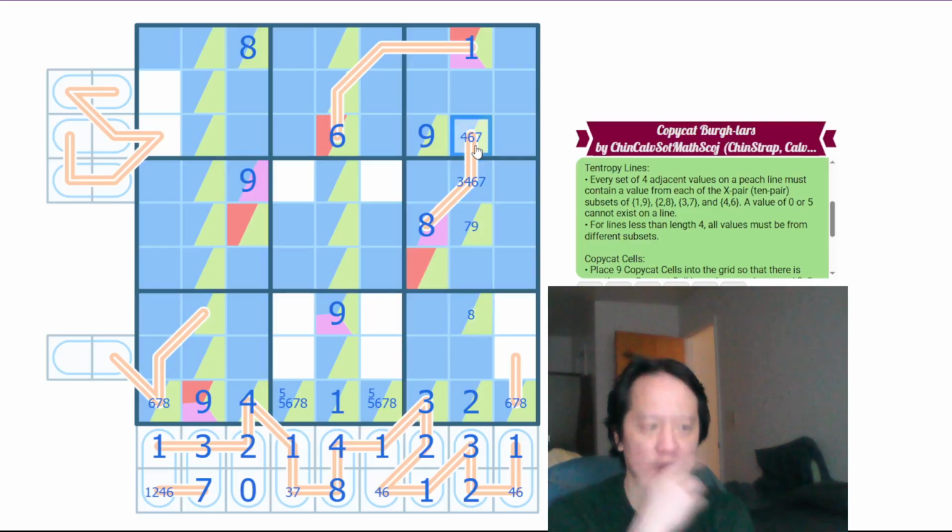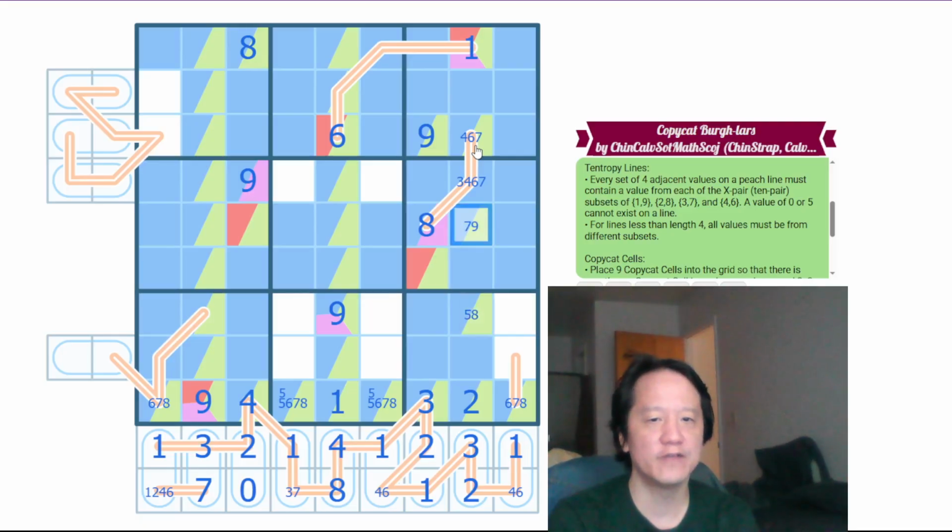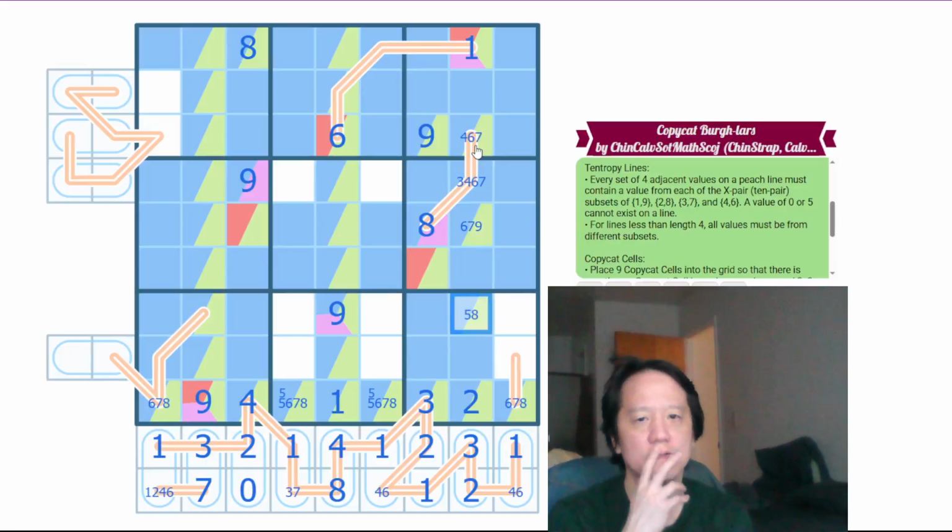If you have 7, you would either have 21 minus 7 is 14, so it's 5, 9, or 6, 8 as a pair. So you could have 5, 9, or 6, 8 here. So those are the possibilities then.